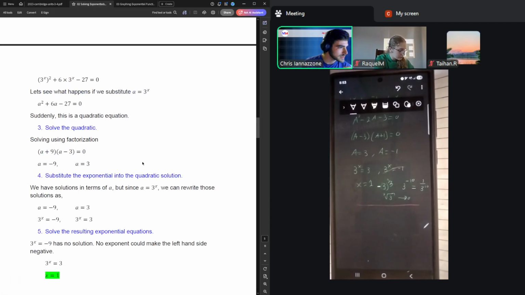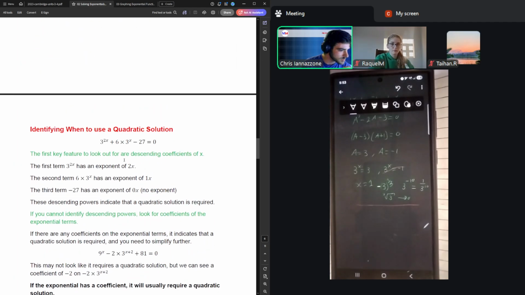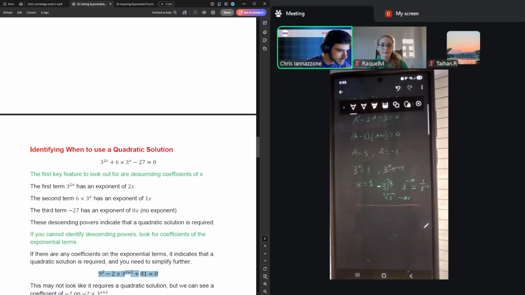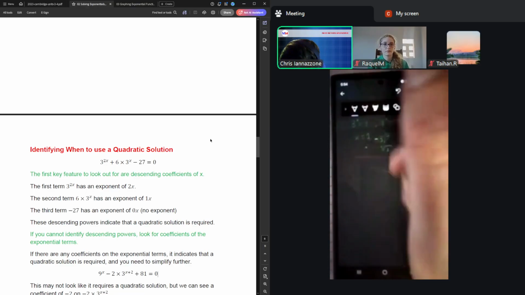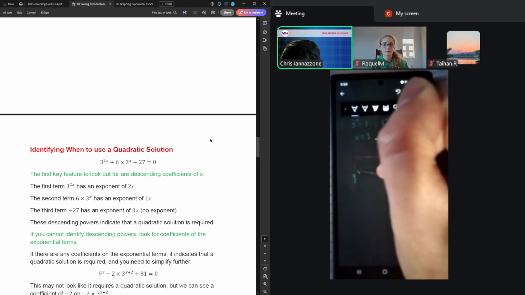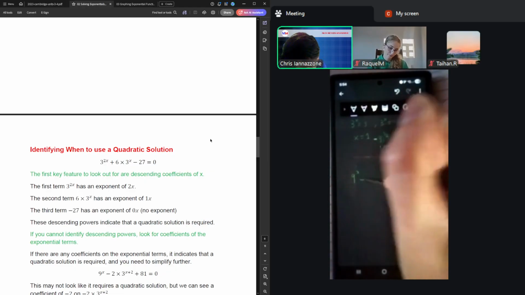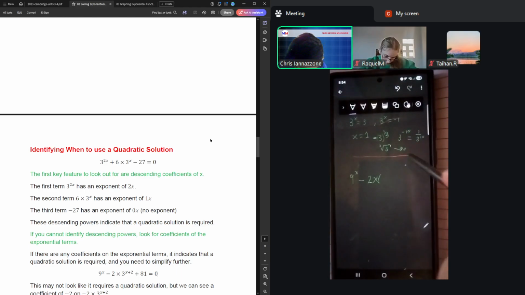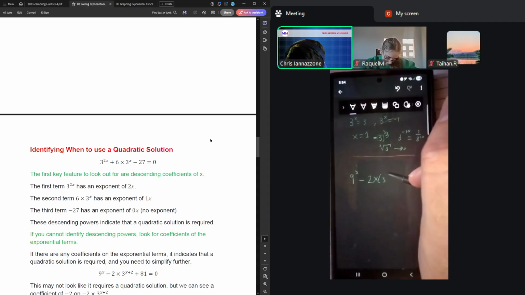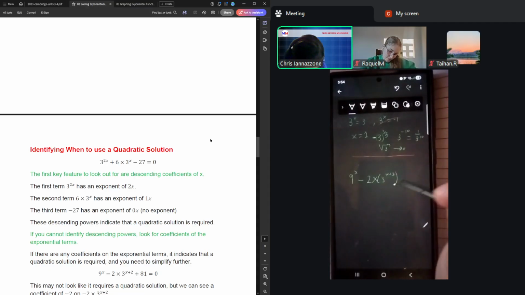You know what? I did have an example to make things more complicated in my notes. Maybe I'll just do that one and we won't show the solution and we'll just do it live. Because that had a few things going for it. To the power of x minus 2 times 3 to the x plus 2 plus 81.